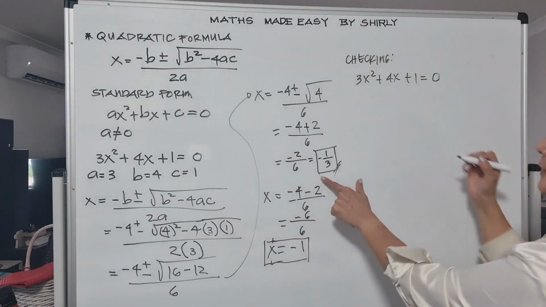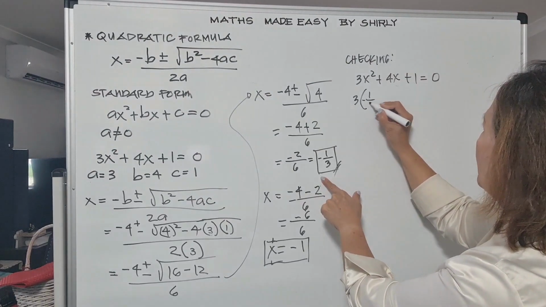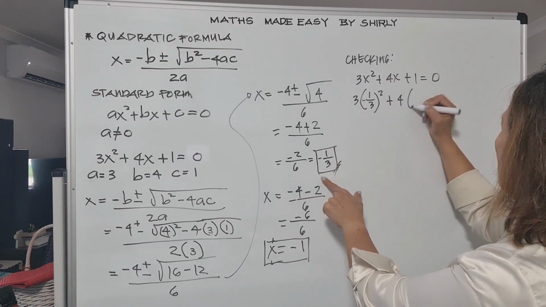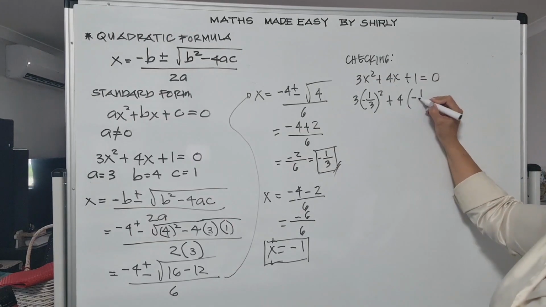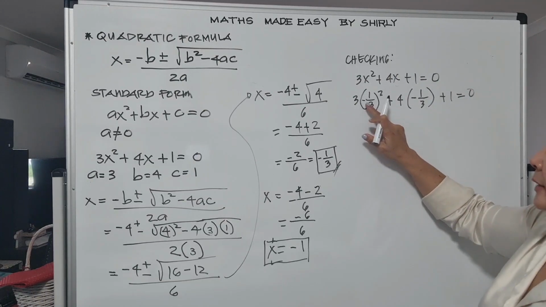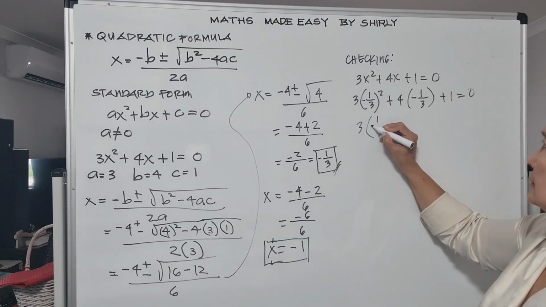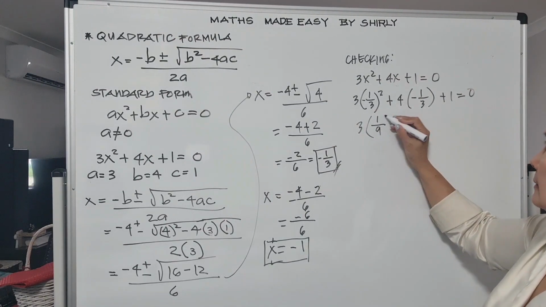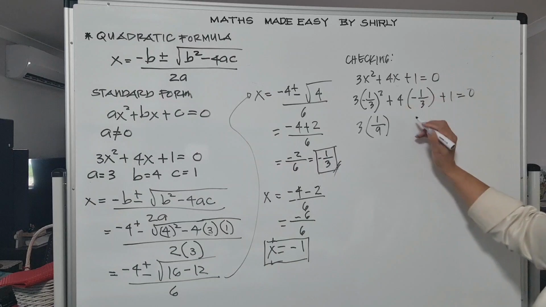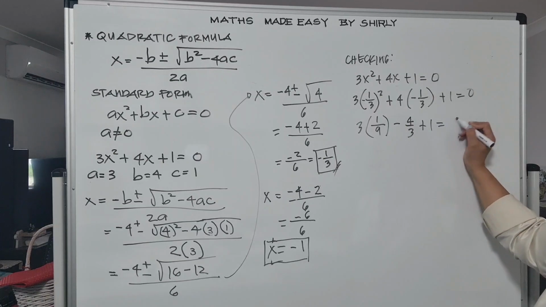Let us substitute first negative 1/3. 3 times negative 1/3 raised to the second power, plus 4 multiplied by negative 1/3, plus 1 equals 0. The square of negative 1 is 1. So we have 1. The square of 3 is 9. So plus, that becomes negative 4 times negative 1, that's negative 4 over 3, plus 1 equals 0.